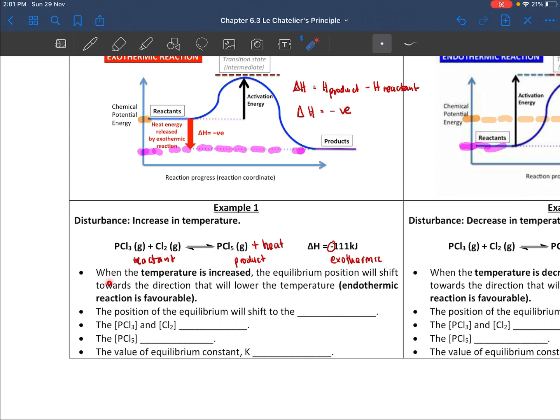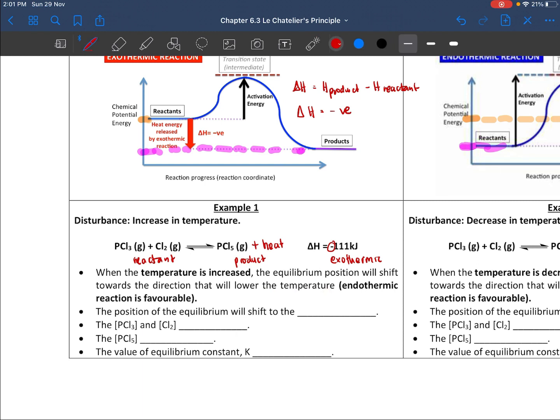Okay. So when the temperature is increased, the equilibrium position will shift toward the direction that will lower the temperature. Biasalah ini yang Le Chatelier cakap kan, kalau kita adakan disturbance, so sistem tu akan cuba untuk kurangkan balik disturbance tu untuk capai equilibrium. So sekarang kita increasekan temperature, so sistem tu will try to decrease the temperature. Okay, nak decreasekan temperature, dia nak pergi ke arah mana?